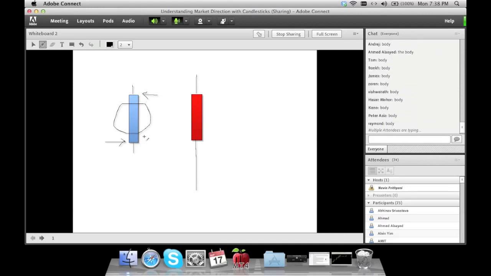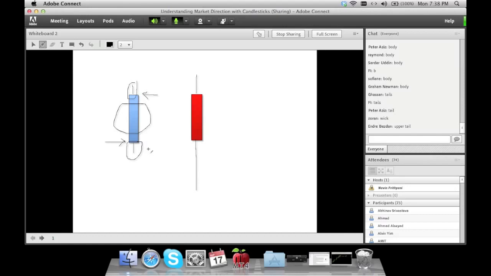That is what we call the body. That is referred to as the body. These pointy things that come out of it are referred to as the wick or tails. I like to call it tails, but the professional word is wicks, W-I-C-K-S.